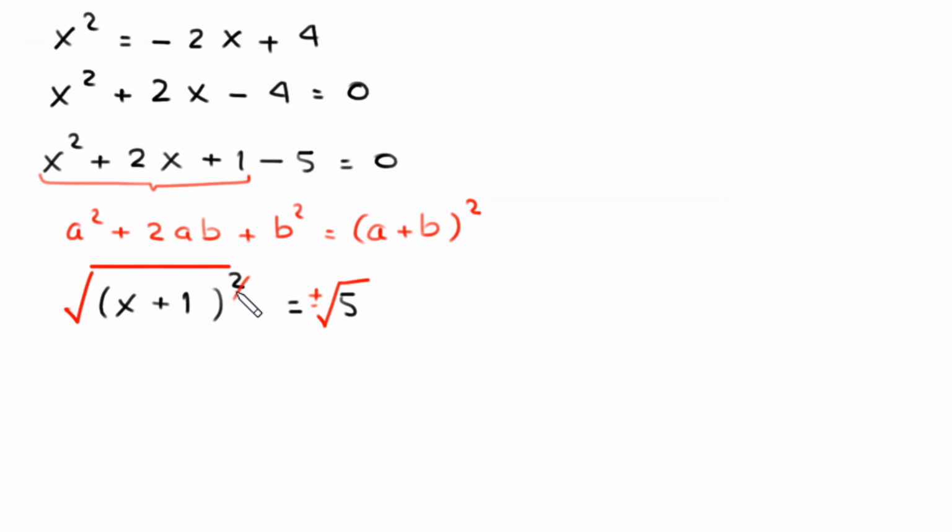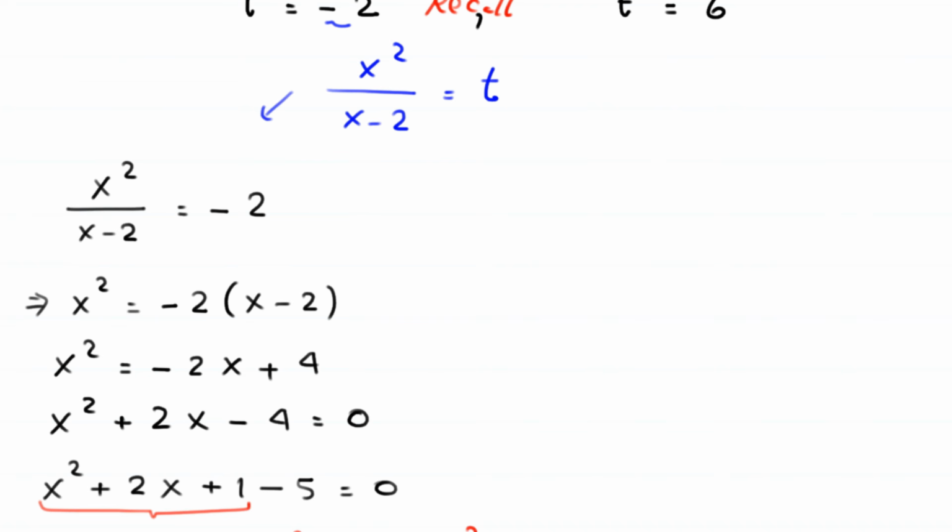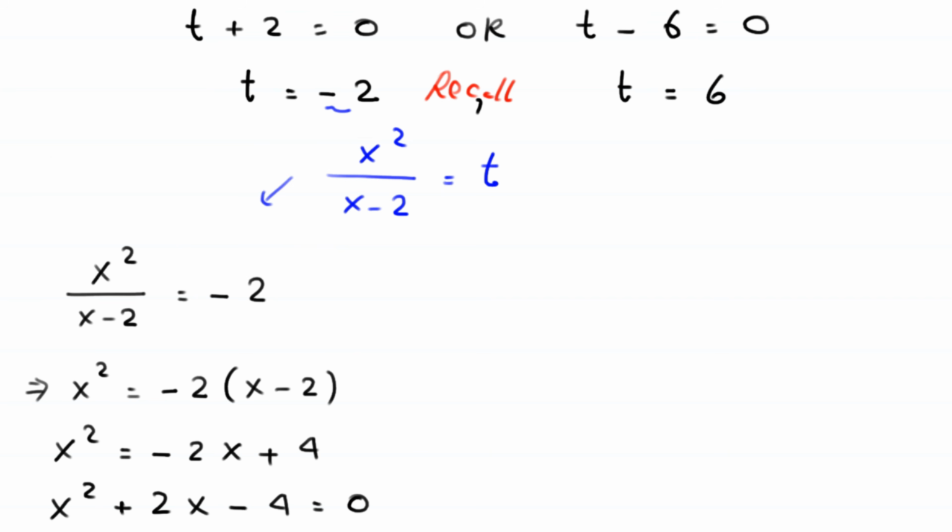So this square will be cancelled with this square root. We are left with x plus 1 equal to plus minus root 5. Move this 1 to the right hand side, this will become x is equal to negative 1 plus minus root 5. Now we solve the second case when t is equal to 6.